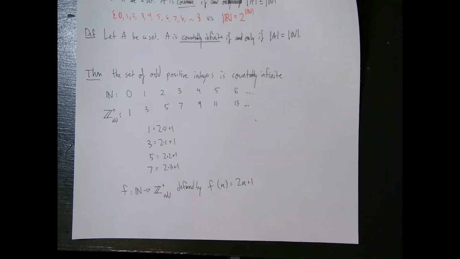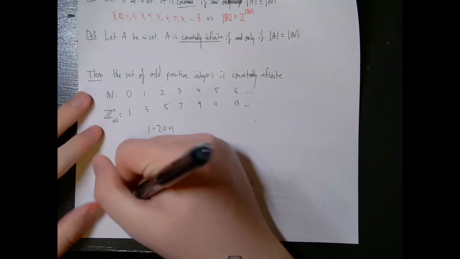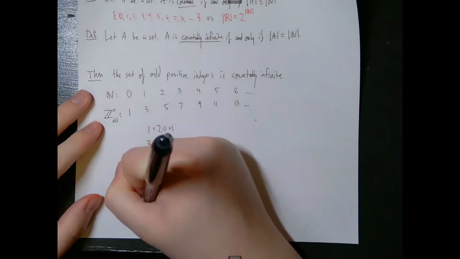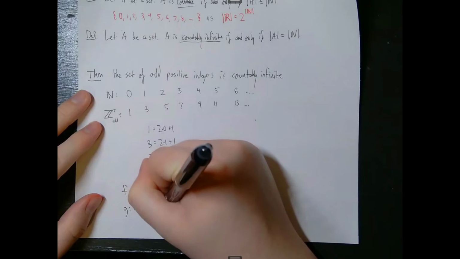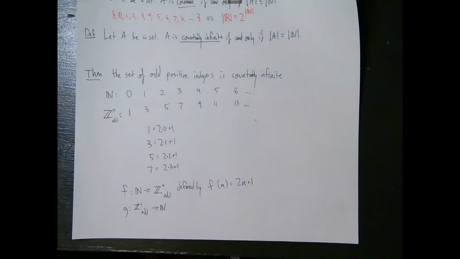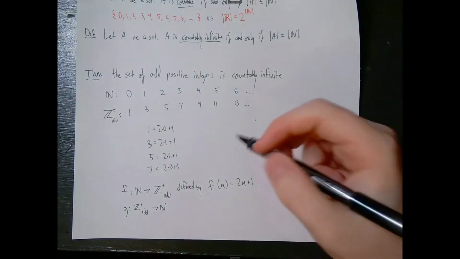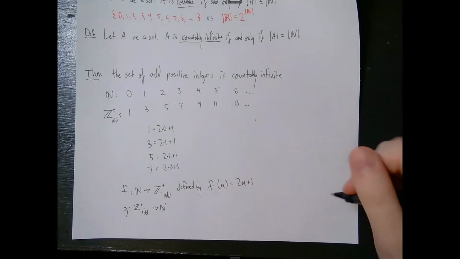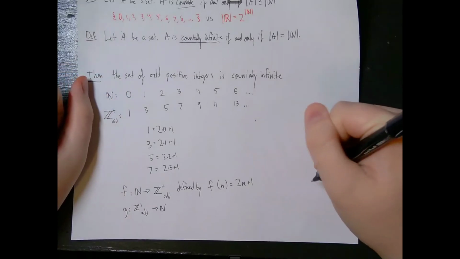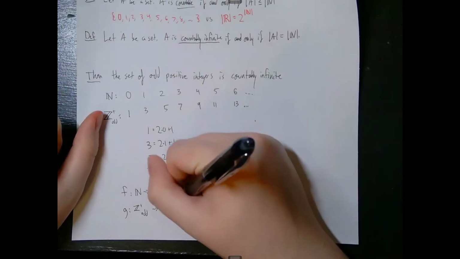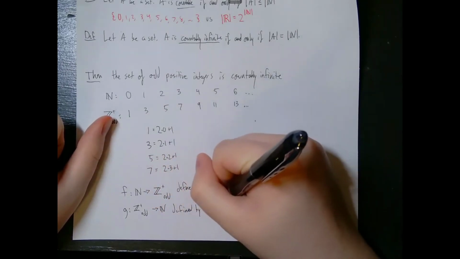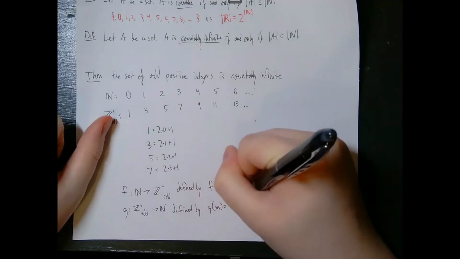Now I'm going to propose another function, a function g from the odd positive integers to the natural numbers that I think will undo this function. If we do the method that we learned in algebra or calculus, where we find an inverse function by swapping x and y, we would end up getting that we could define g of m equals (m minus 1) over 2.